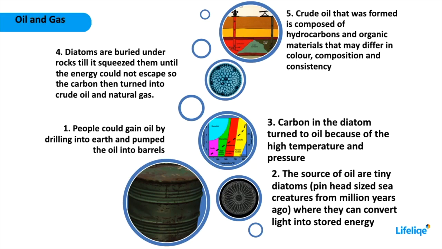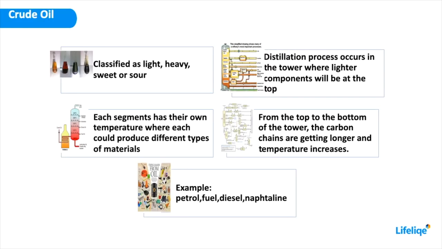So nowadays, crude oil can be used for many things, and it differs in aspects such as color, composition, and consistency. Crude oil has different types and they can be classified as light, heavy, sweet, or sour.